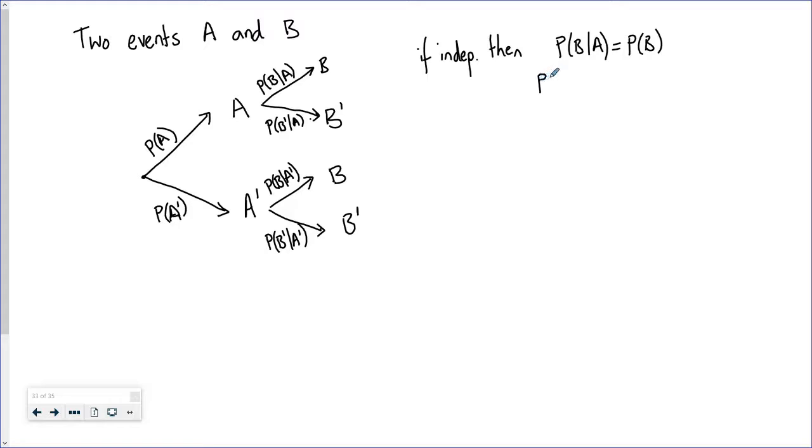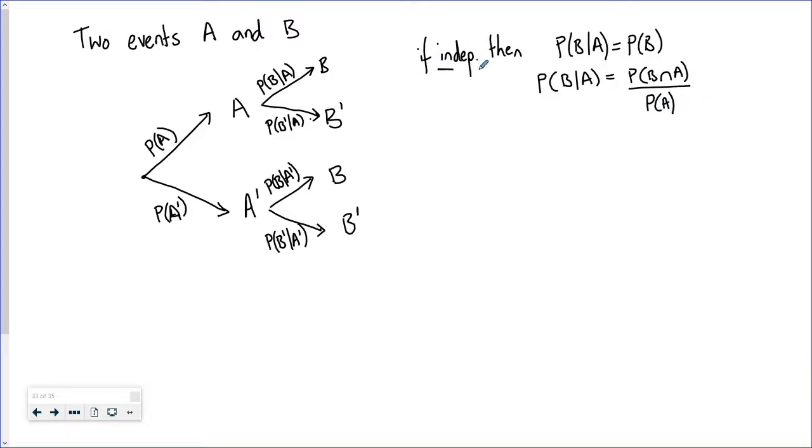And if you wanted a bit of a proof of that, you could use the formula for conditional probability. The probability of B given A is equal to the probability of B and A happening divided by the probability of A happening.